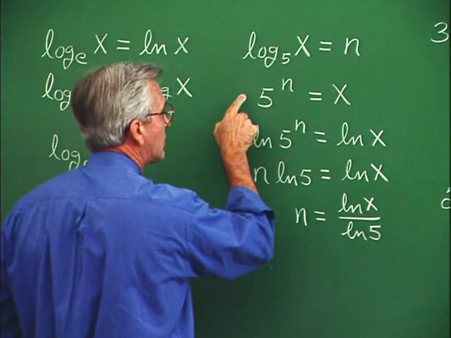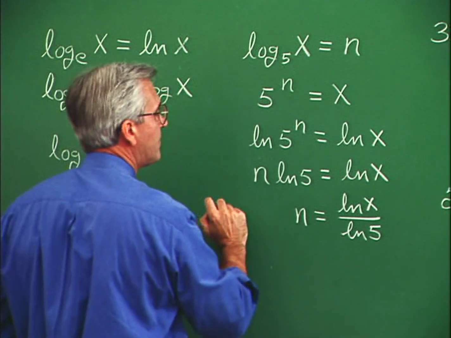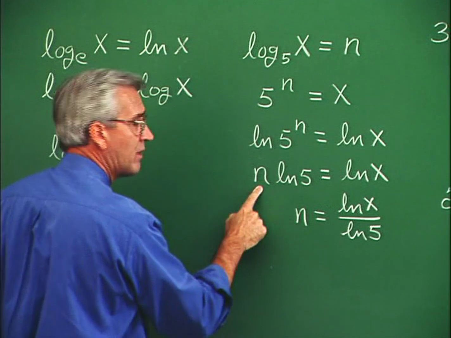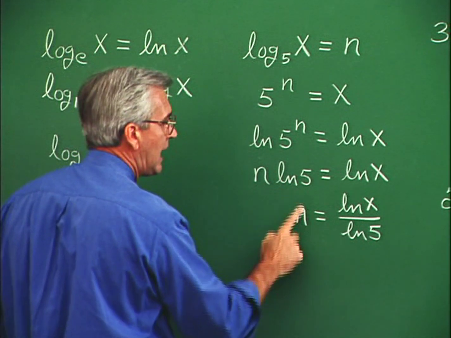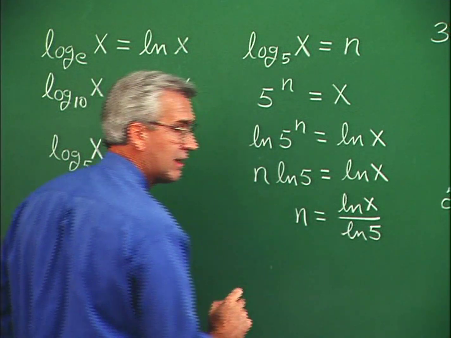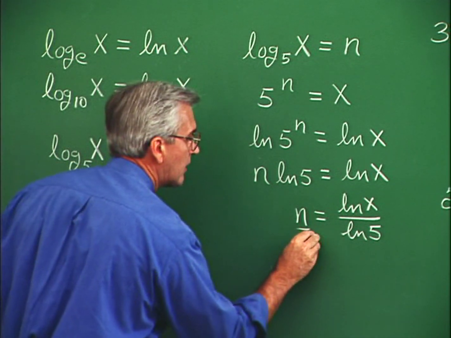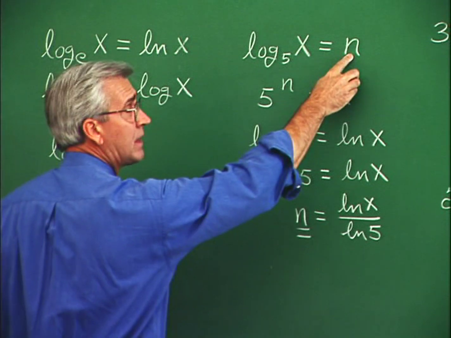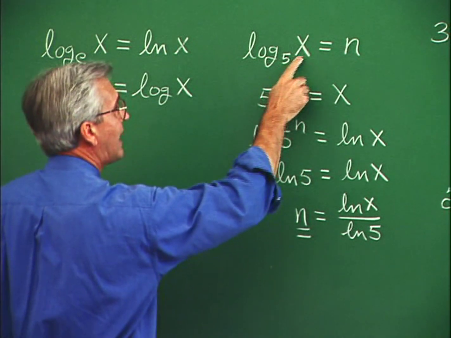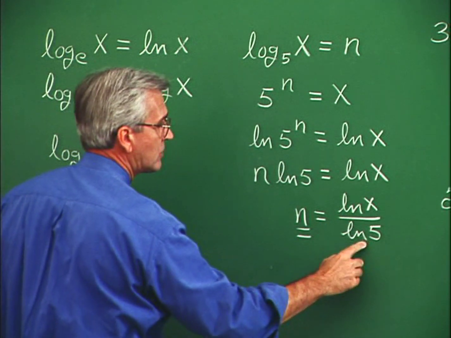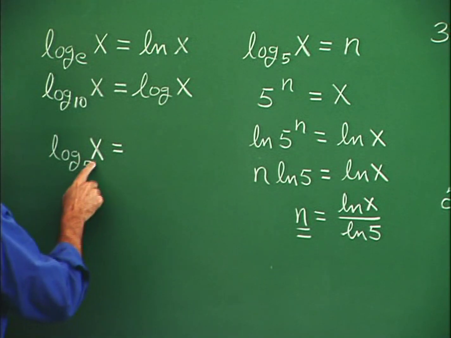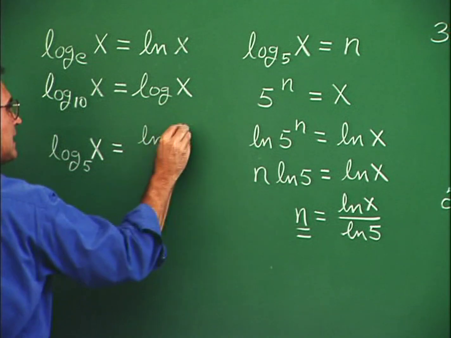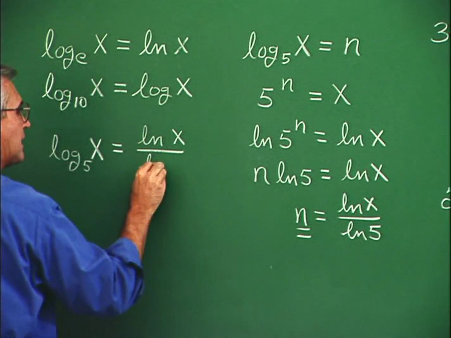So I'm just going ln on both sides, and then the n becomes the coefficient here, and then divide on both sides by ln 5, and we have n as ln x over ln 5. Now the n here is the n up here, and so log base 5 of x is ln x over ln 5.